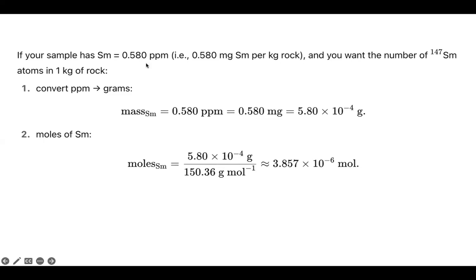If you are giving this as 0.58, nobody knows whether this is a rounded figure, right? If this is a rounded figure, then also you will have this 0.58. But this means it is not a rounded figure, but a precise value 0.580, right? That means some samples might have 0.581.